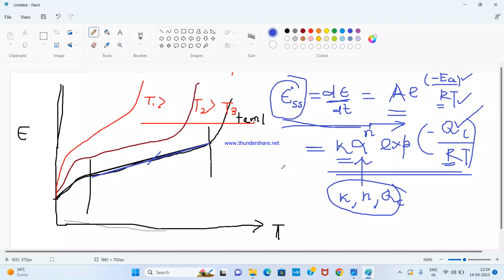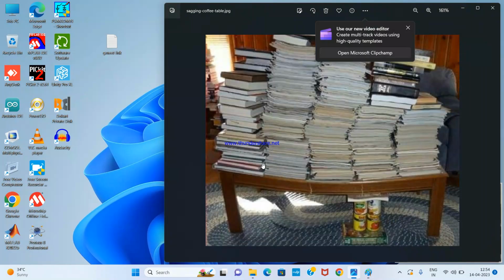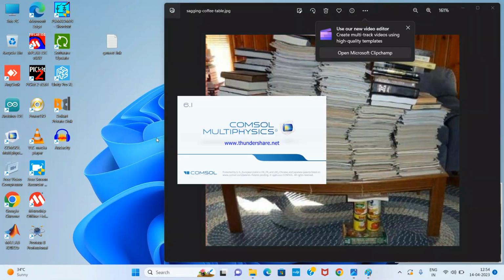So say there is a structure. Now I will go directly to the simulation part, because the entire thing we are going to do by simulation only. I am using COMSOL Multiphysics.